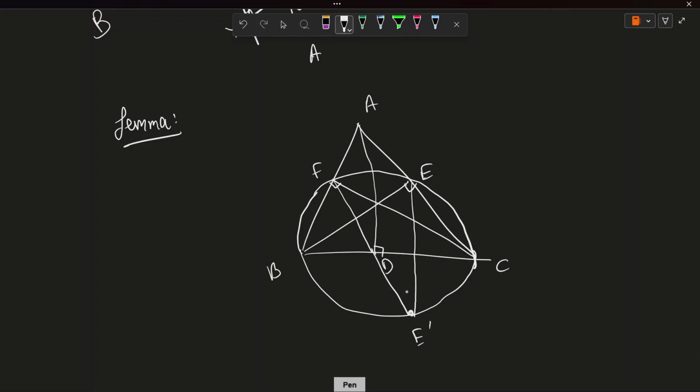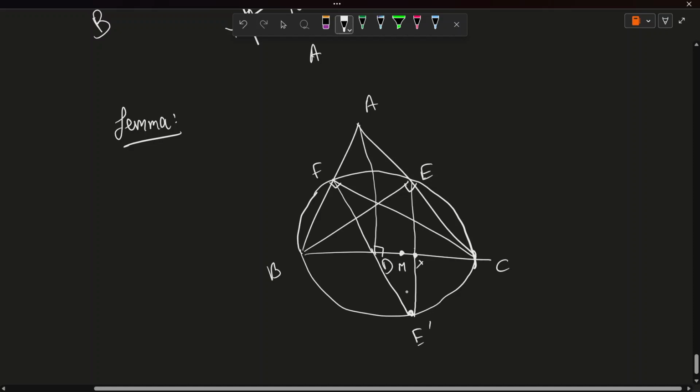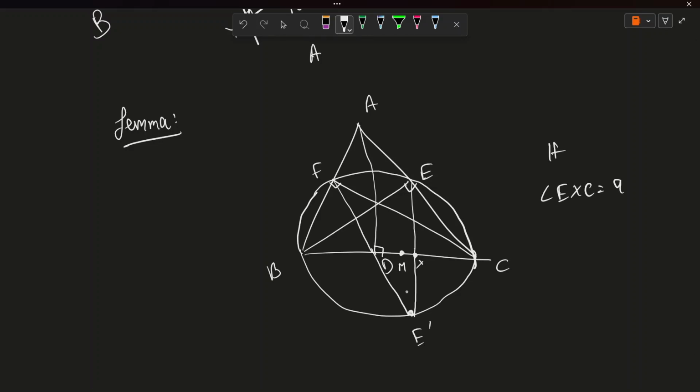This is needed because the center of the circle is the midpoint of BC, so let us denote this by M. Suppose this point is X. If angle EXC equals 90 degrees, then we are done, since E dash is the reflection of E.